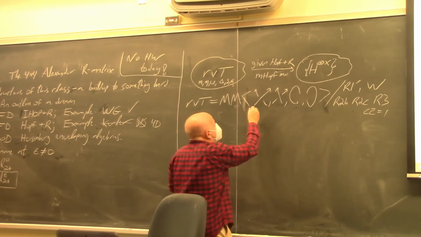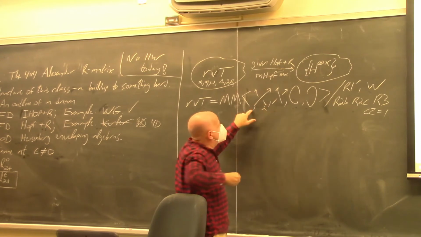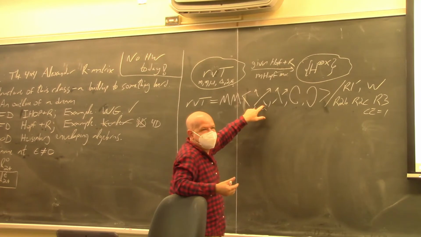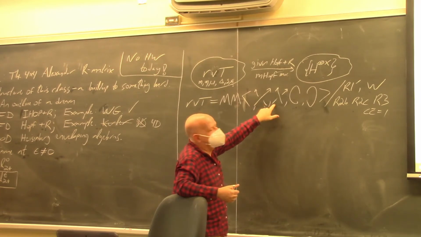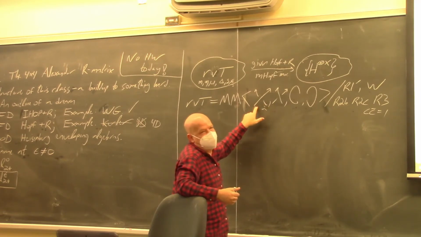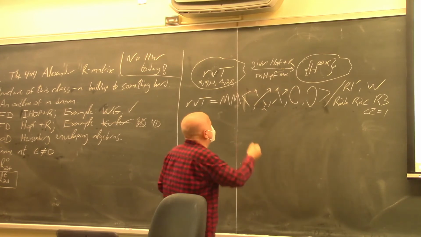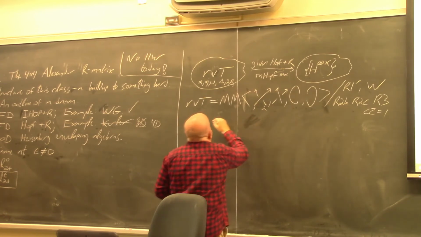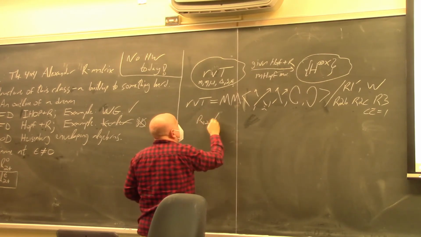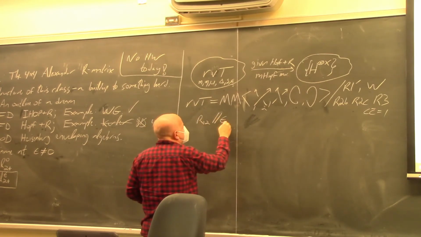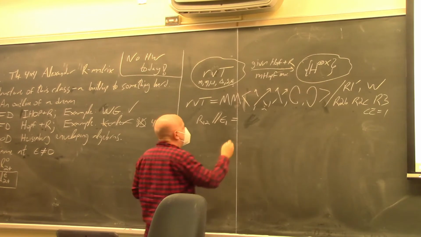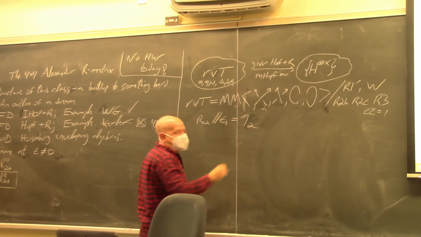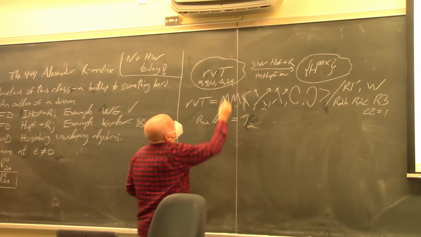If you delete strand 1, you're left with strand 2 with no crossing, and if you delete strand 2, you're left with strand 1 with no crossing on it. So if you take R12 and apply epsilon 1, the result should be eta 2, etc. So this one is trivial.